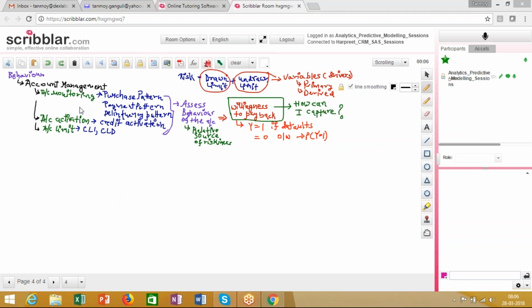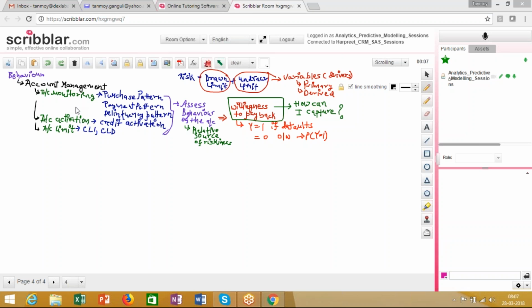So first, let us discuss what exactly the behavior scorecards do. Let us think about it from this perspective: a borrower or an applicant has been given the credit. Now this applicant is on the books of the bank.